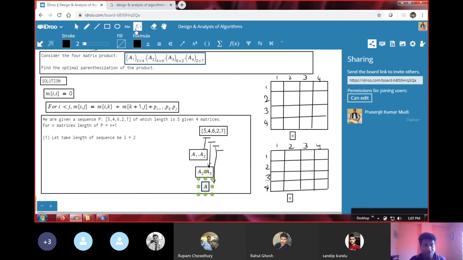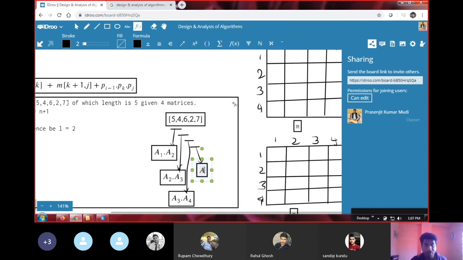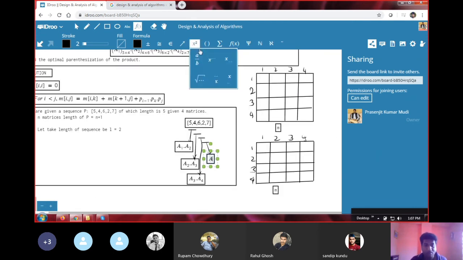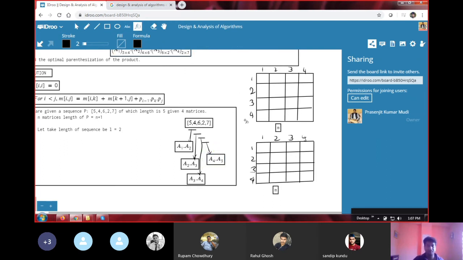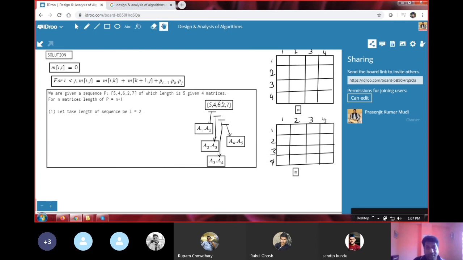Observations are very important, very close observation, because we are working with a lot of notations. This is A4.